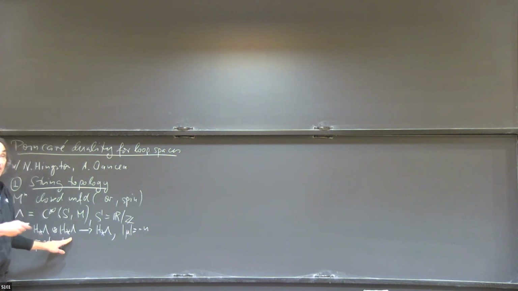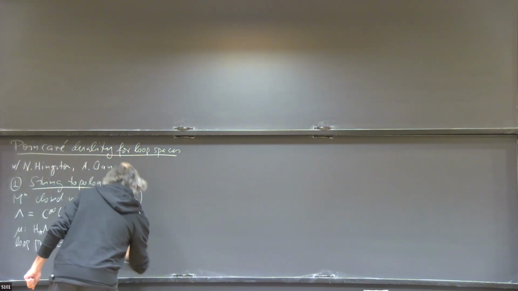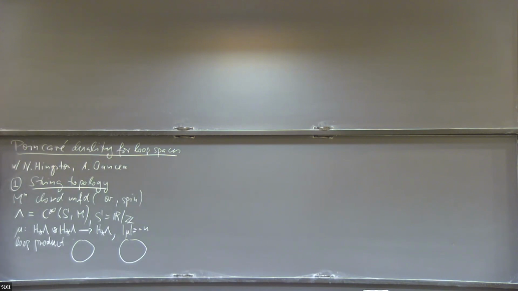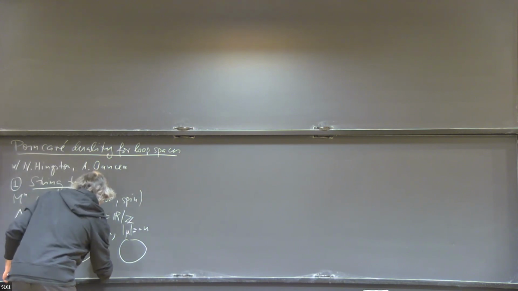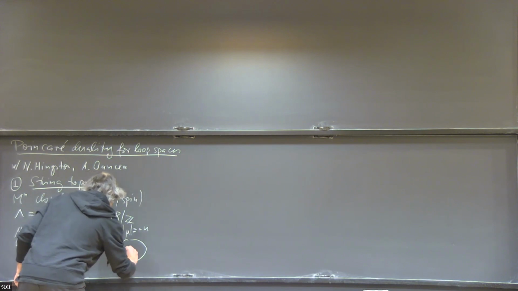So we define it on the chain level. We take two families of loops representing two cycles in here. So here's my schematic picture of the first family of loops. Here's a second family of loops. So I'm just drawing one circle, but you think of it, it's a family of loops moving in the manifold. And then we have, they are parametrized loops. So we have time 0 somewhere.